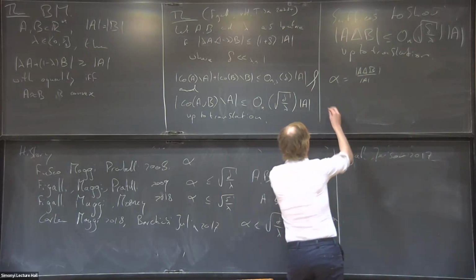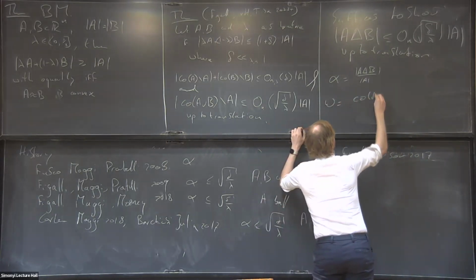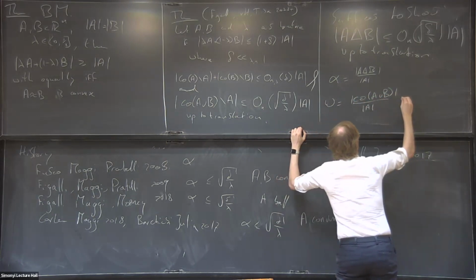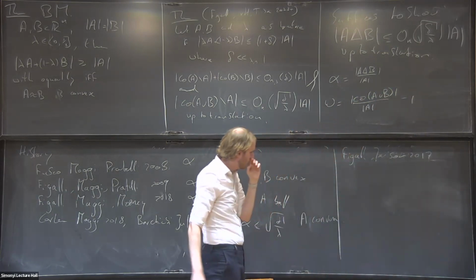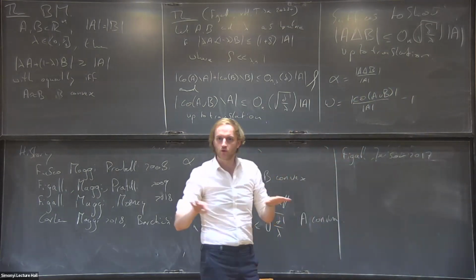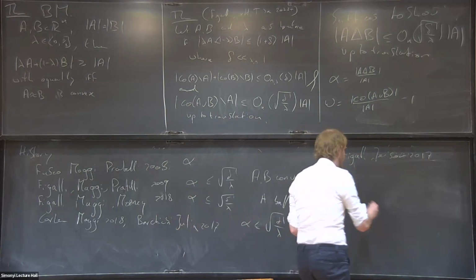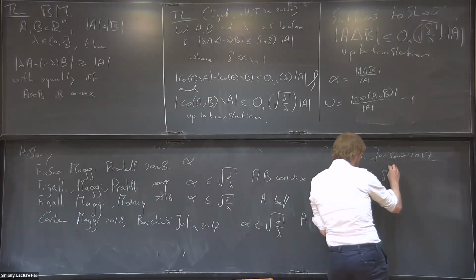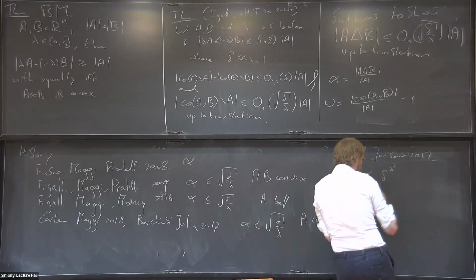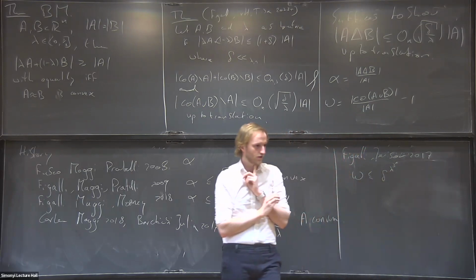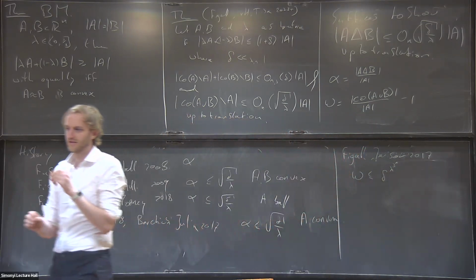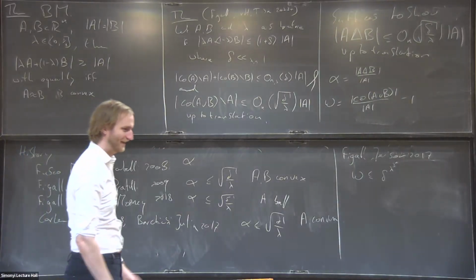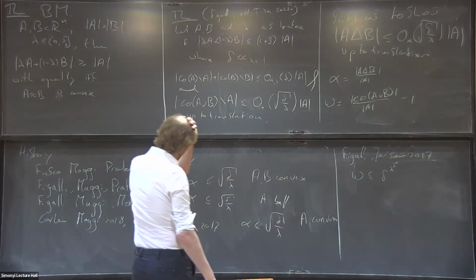They actually did work not for alpha, but for omega, so let me say that's this measure. They prove a result for all A and B, but it's quantitatively suboptimal. To be precise, it's going to be delta to the lambda to the 3 to the n. Yes, it's a quantitative result, but only barely.